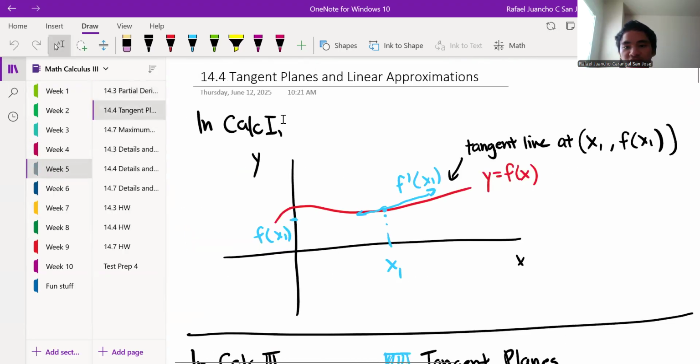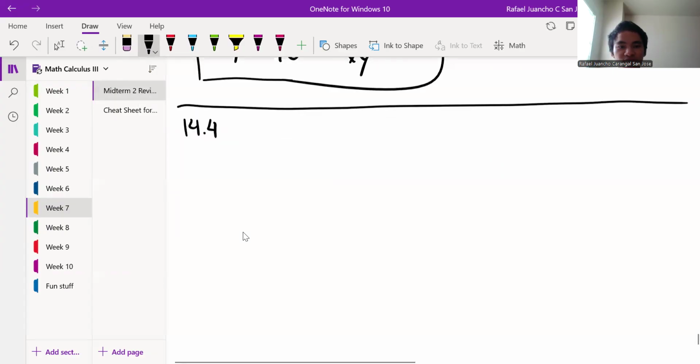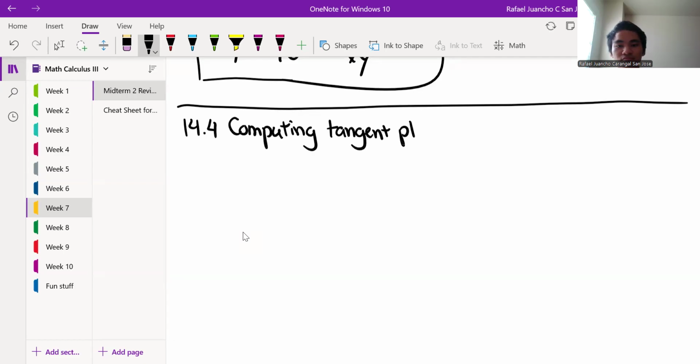So it's tangent planes and linear approximations. If we just want some homework related to that, it's basically computing tangent planes. If we look at some homework here, my professor is going to focus on the homework, so might as well use that, right?